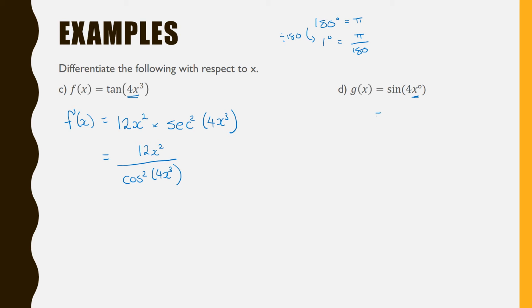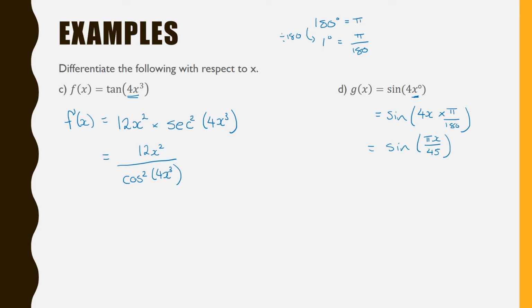Therefore, in order to transform this function, if it's in degrees now, for x, I need to multiply that angle in degrees by pi over 180. That's the same as saying sine of 4 divided by 180. That can cancel out, and we will get pi x over 45.